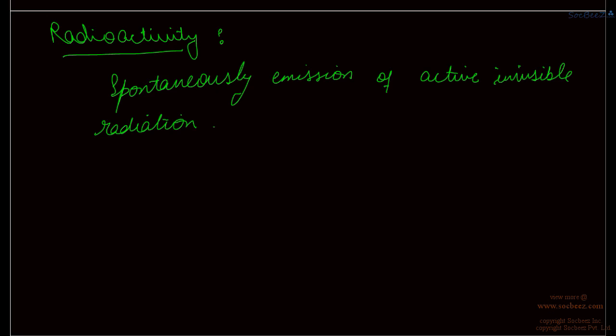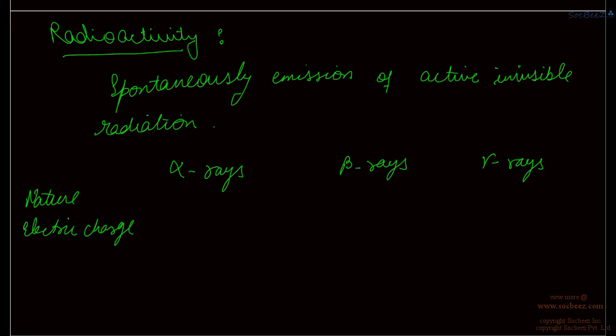So let's discuss these types of rays. Let's say this is alpha rays, this is beta rays, and there is another type of rays emitted known as gamma rays. We will study the nature of these rays, their electric charge, mass, and ionizing power.